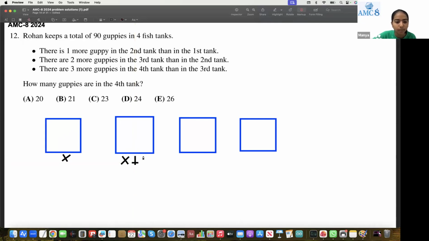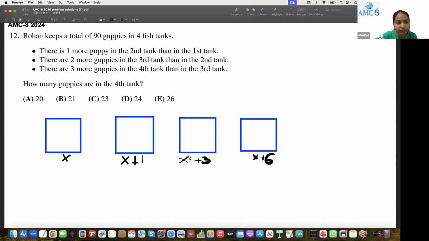There are two more guppies in the third tank than the second tank, so we don't do X plus 2 because we know that there's two more here, so we do X plus 3 because we're comparing this one to the very first one. And for the fourth one, we know that there's X plus 6 because there's 3 more than the third tank, which means X plus 3, which is X plus 6.